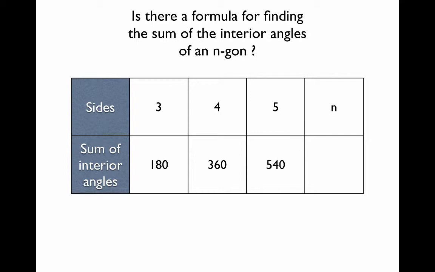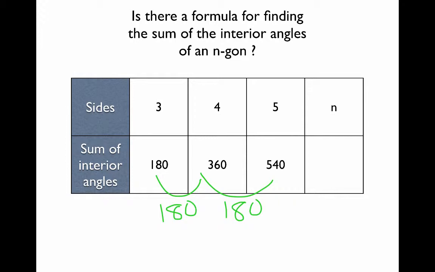Okay, so hopefully you've seen that this equation can be found by finding how much the increase is between each of the terms. This is 180 increase, 180 again, and so our equation is probably going to have a rate of 180 degrees.